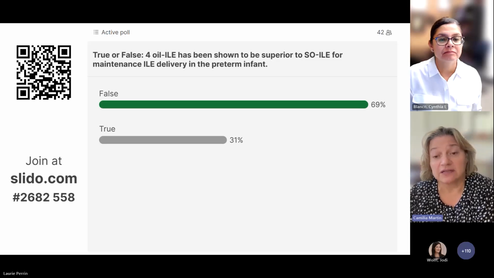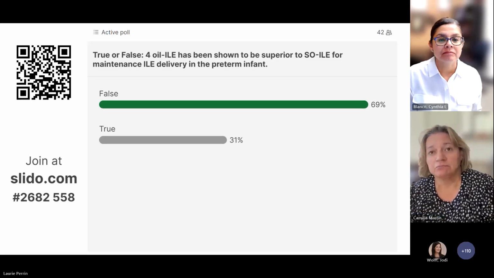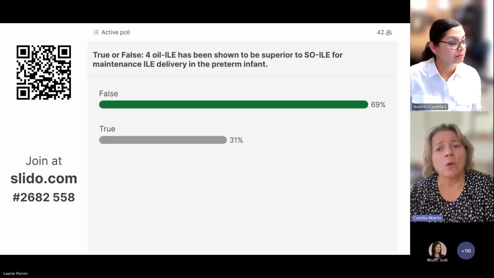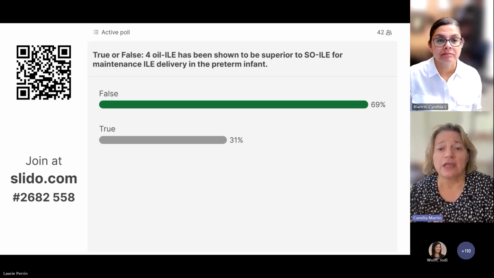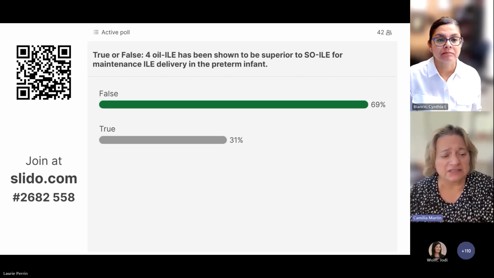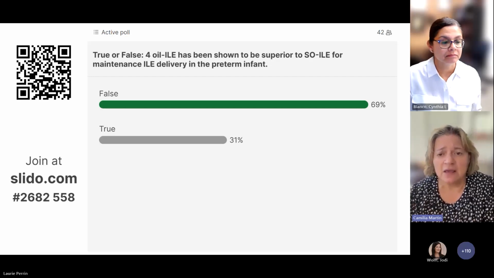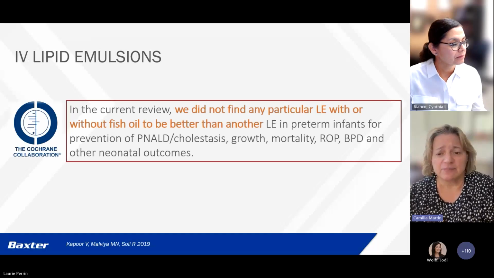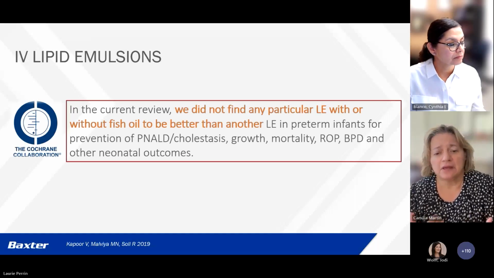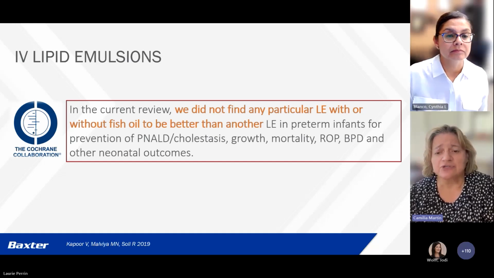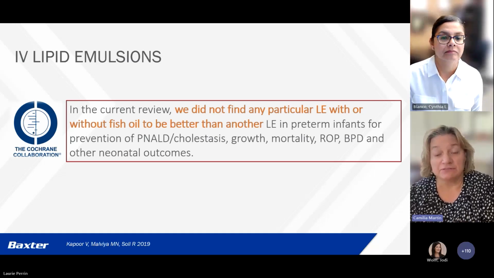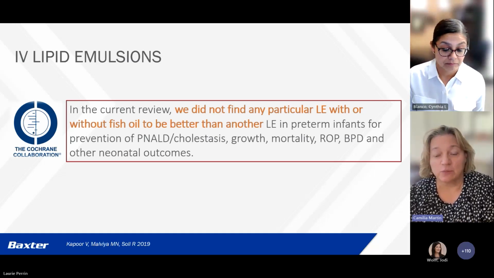You will look at some single center randomized trials, smaller or pre-post, so the literature can seem mixed, but when you're looking at all of them in a meta-analysis, so if we go to the next slide, a meta-analysis of these lipid emulsions in this latest review, and I'm sure it'll be constantly updated as Cochrane usually does, there was no benefit found for any particular lipid emulsion, with or without fish oil, to be better than the next.